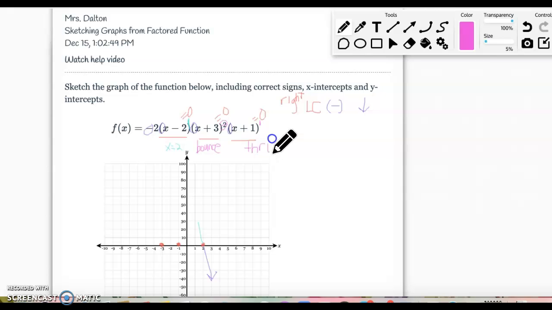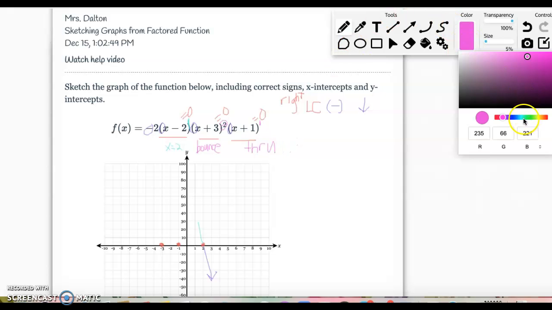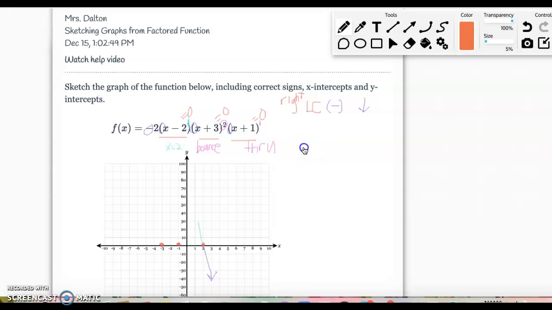Okay, now the other thing that you will need to find is the y-intercept. So let's figure out what that is. The y-intercept can be found when you plug in 0 for your x and then solve it for y. So I would have a 0 here, a 0 here, and a 0 here.